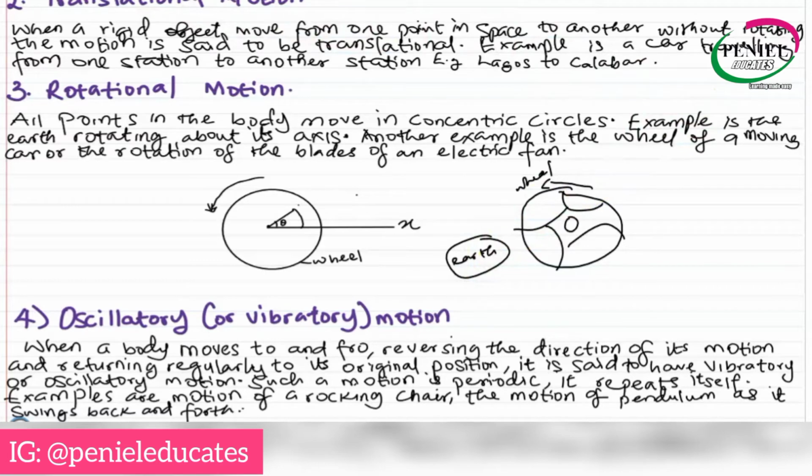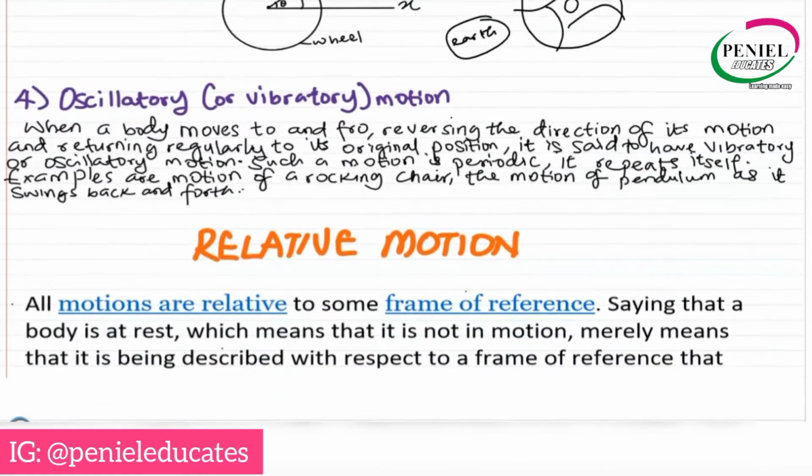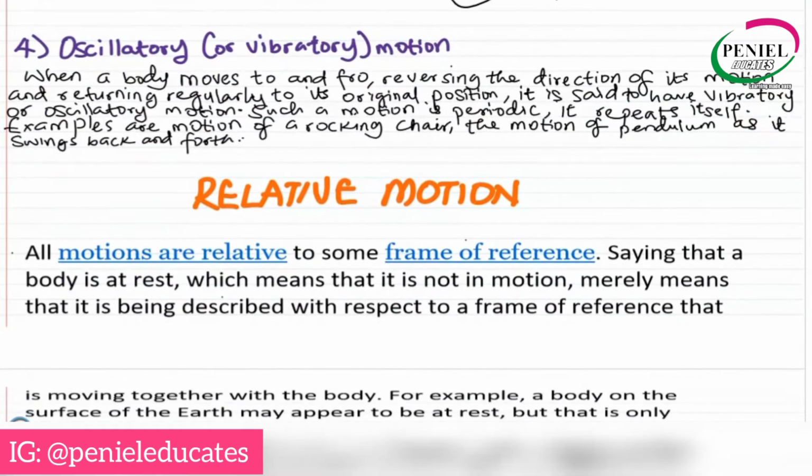Another type of motion is oscillatory, or vibratory, motion. This is when a body moves to and fro, reversing the direction of its motion and returning regularly to its original position.